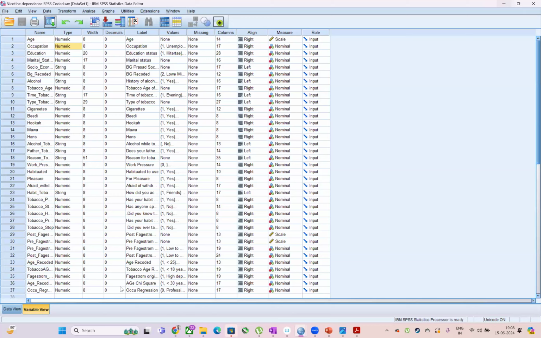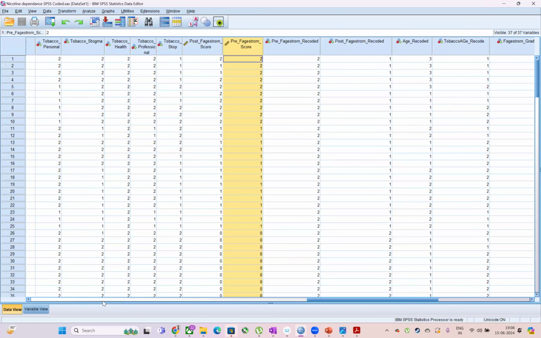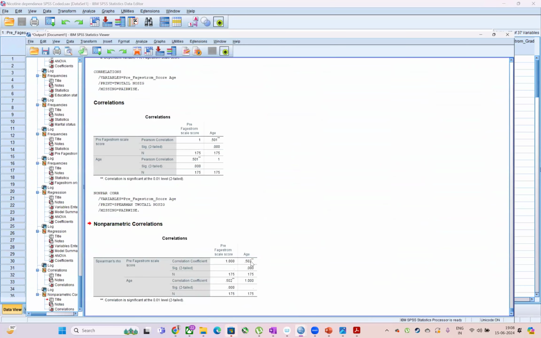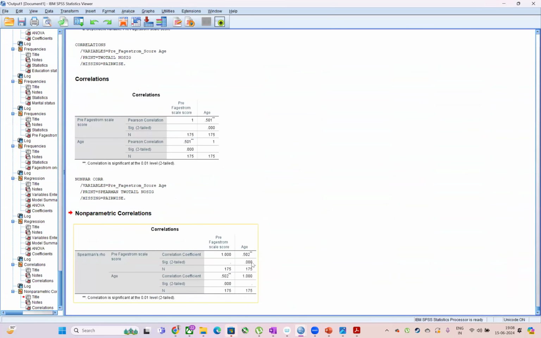Now initially we saw that if the significance value is more than 0.05, there is no correlation. The significance value has to be less than 0.05. If it is more than that, then we can say there is no correlation.